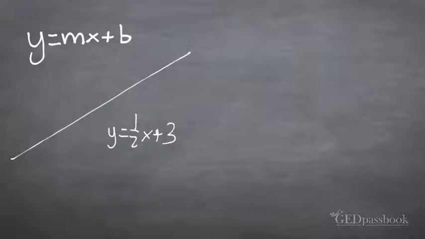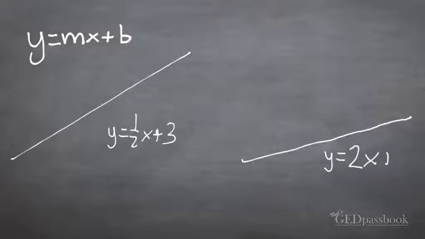Let's say we're given another line that looks kind of similar, but is a little bit lower. Its linear equation, which is what y equals mx plus b is called, is the formula to all linear equations. That line on the right, its linear equation might look a little different, like y equals 2x plus 1.